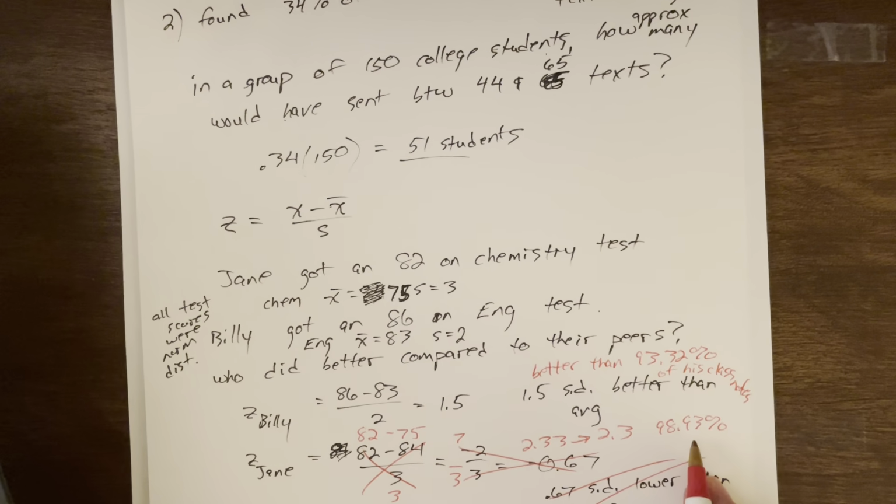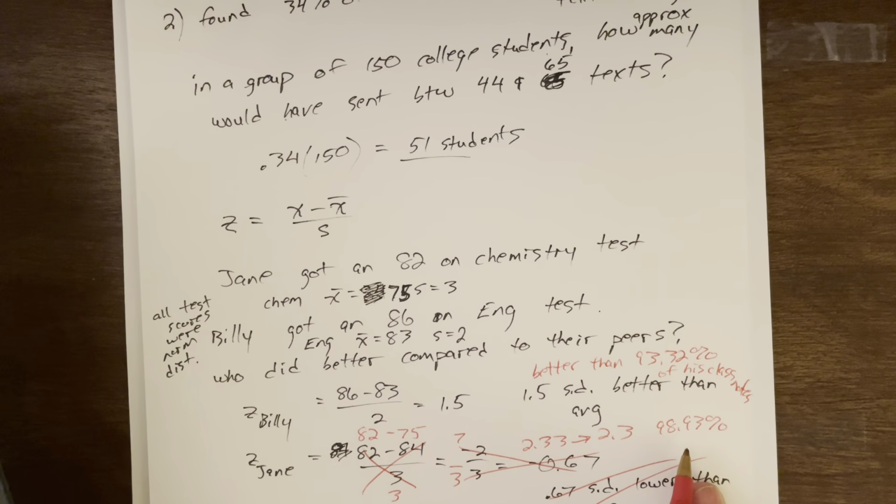So looking in terms of percentile rank, it's not always a comparison, by the way. Some of the problems are just literally, what is the percentile rank for Billy, for the different situation. But I also want to make this clear that this is a very nice way to compare. By looking at the percentile rank, we could see even more clearly she did better compared to her class than he did.